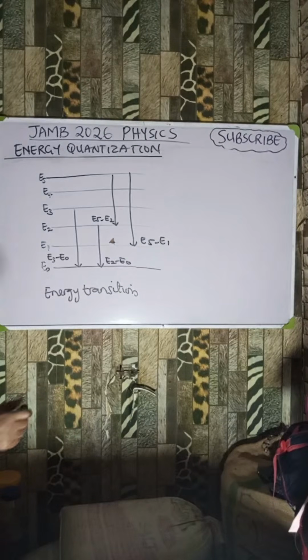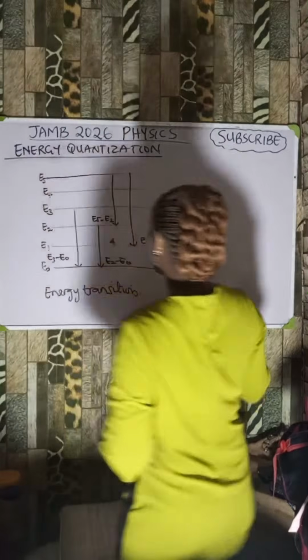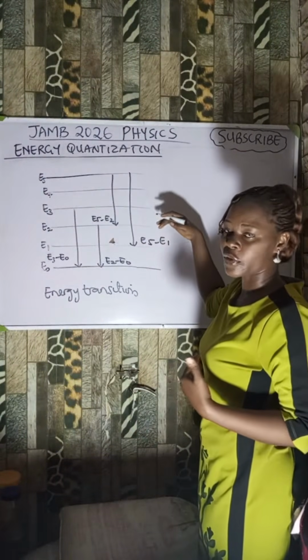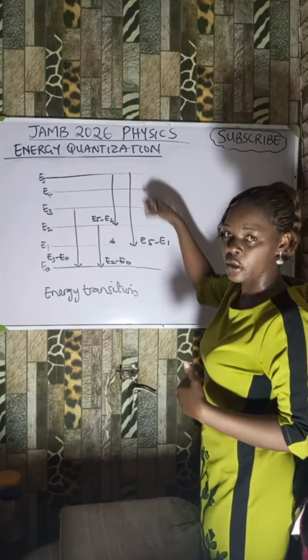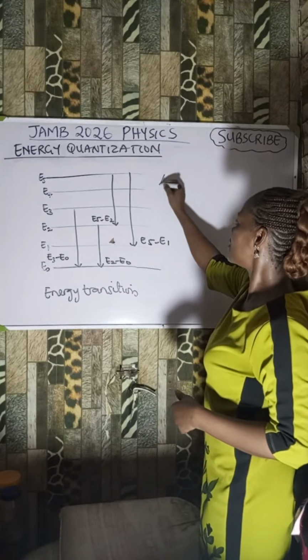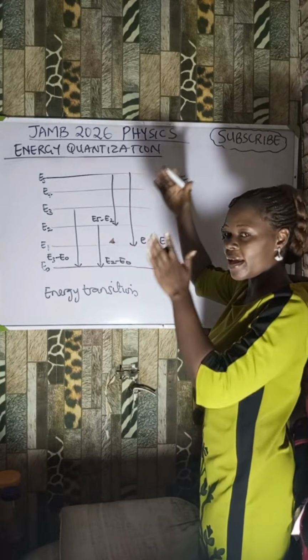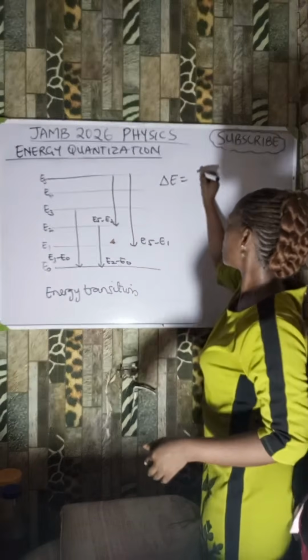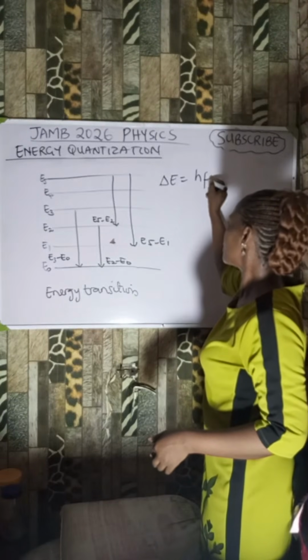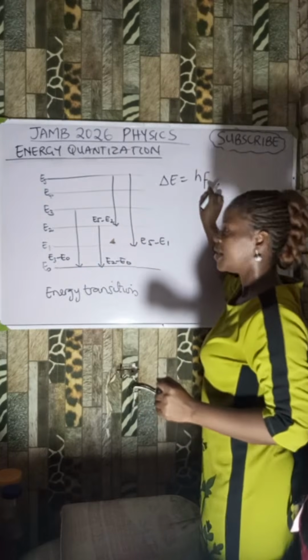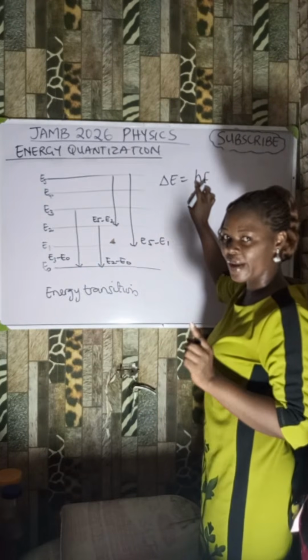So now the energy that they emitted is from different energy levels, from the higher energy level to a lower energy level, right? So we have this change in energy as the electron jumps from a higher to a lower energy level. Now it's equal to hf. Okay, now f is the frequency of the emitted photon, and h is a constant, which is called the Planck constant.